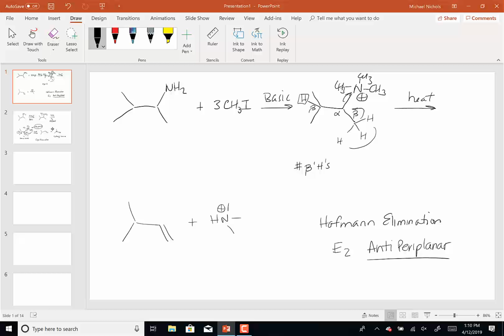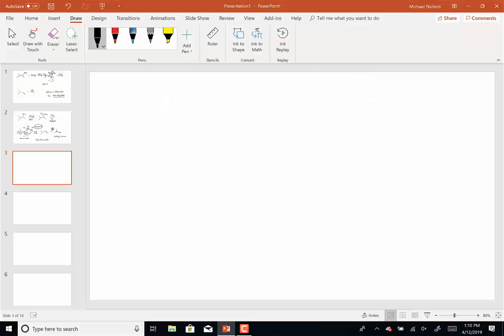So here's the example that we're going to look at. I'm going to put my NH2 here. I'm going to have a hydrogen and a methyl group. And then here I'm going to have a methyl group, the beta hydrogen, and then an ethyl group.